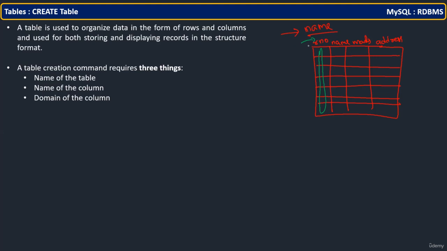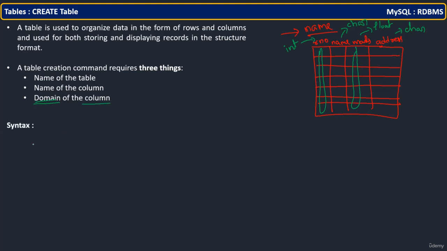I want to store roll number, so integer data only, that is what domain means. And name is a string, right? It is a combination of characters, so only char type data you are going to allow under this name. Marks is a float, right? And the address is again character. So under each particular column, what kind of data you are allowing, that domain you must mention for that column.